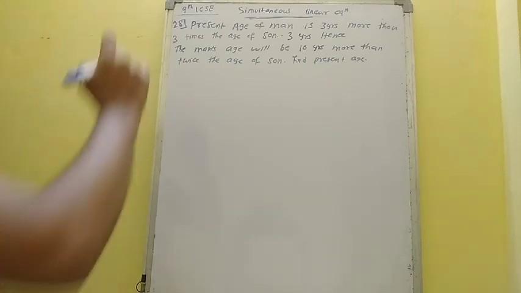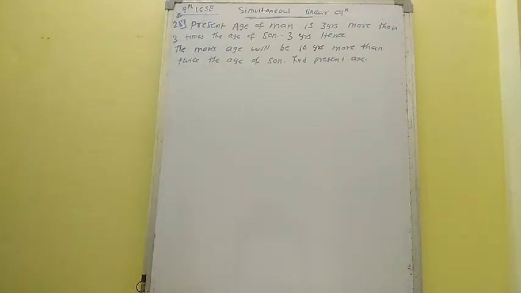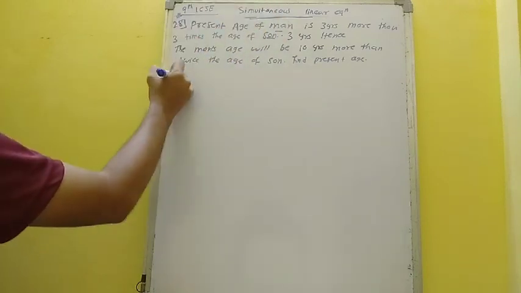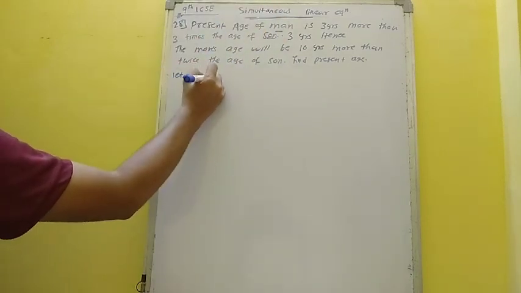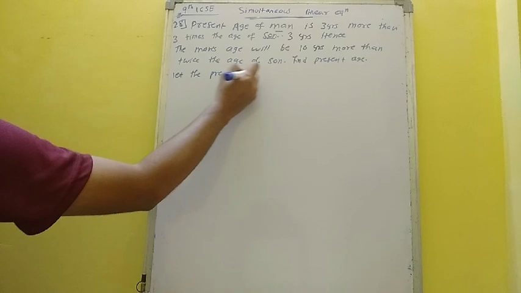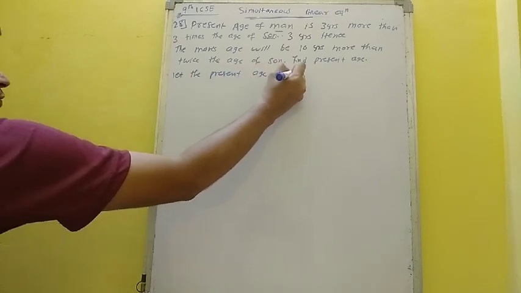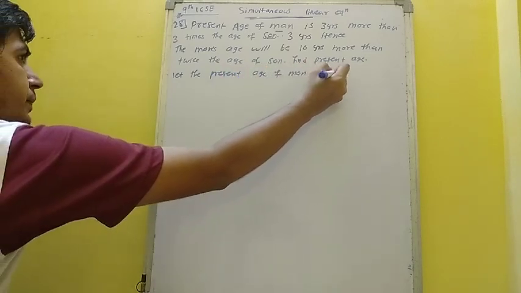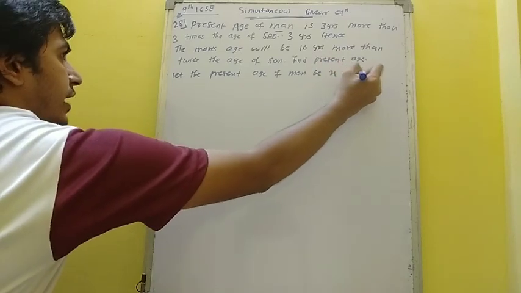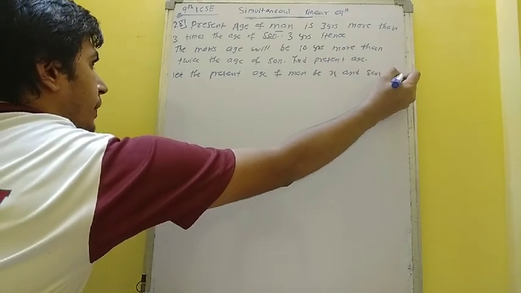Okay, the 28th sum is again an important one. Star mark the question. Okay, we'll try to solve it. Present age of man is. We have a man and a son again. So let the present age of man be x and son be y.